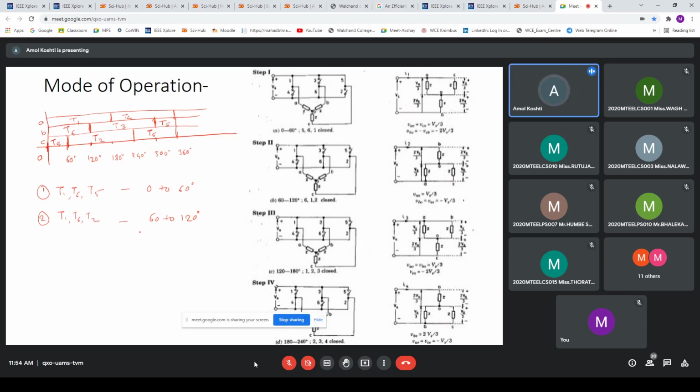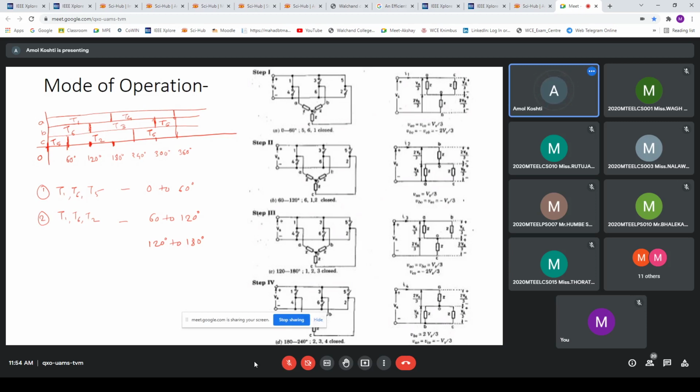Then from 120 to 180 degrees, at this instant of 180 degrees, T6 is turned off permanently.